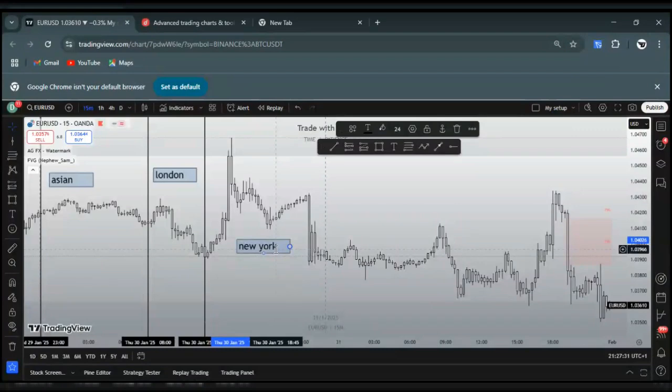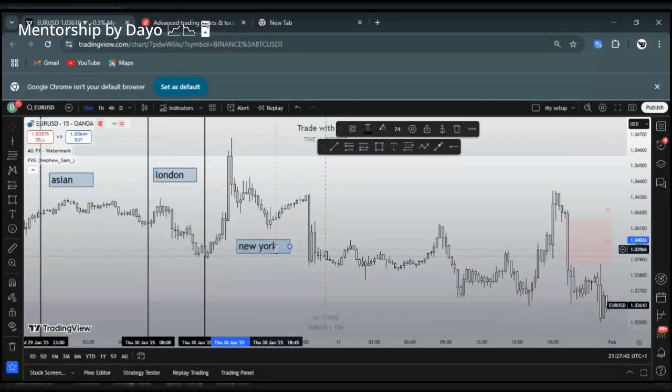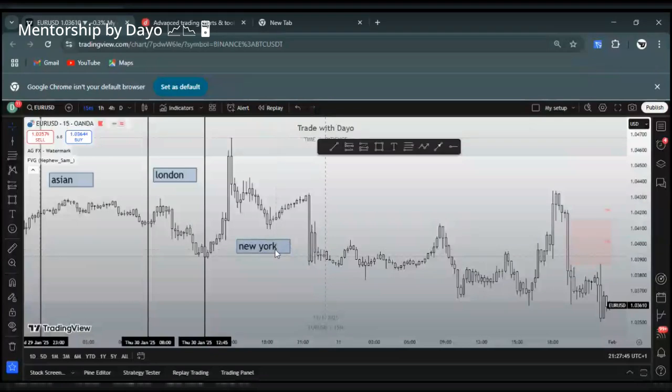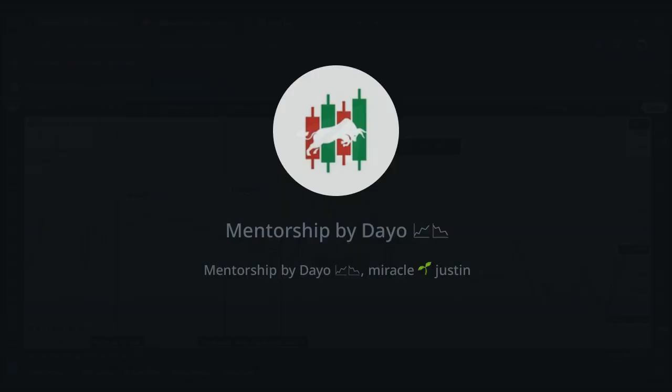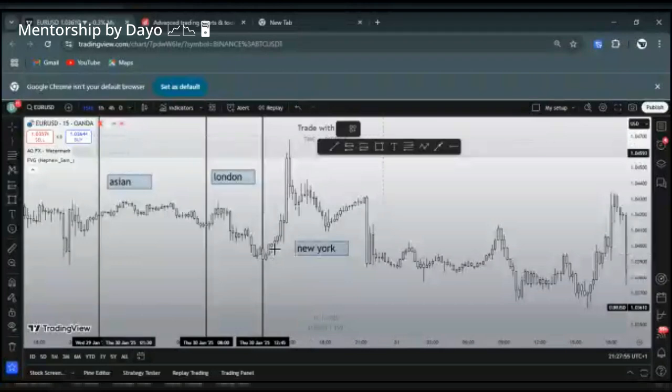I'm using 12:30 as my true market open for New York. I'm using 8 o'clock as my London open, and my Asian open is 12 o'clock. So this is how the whole thing works.